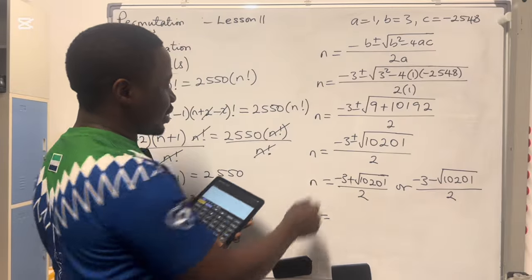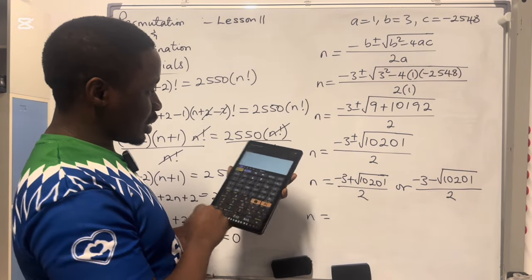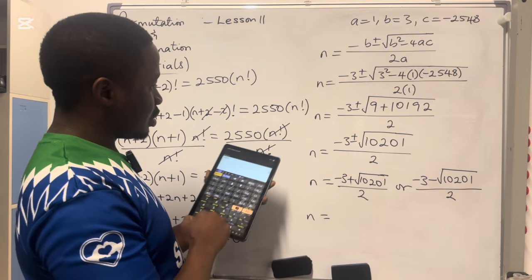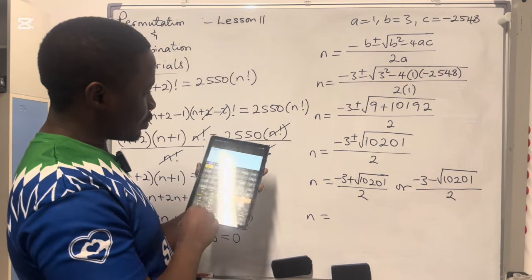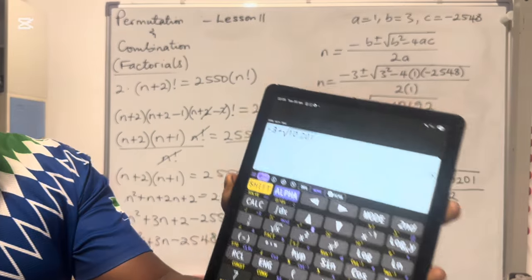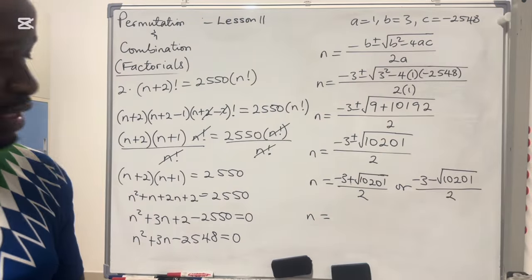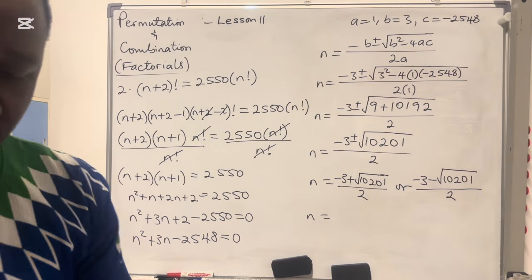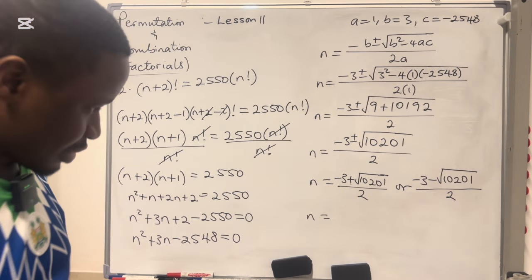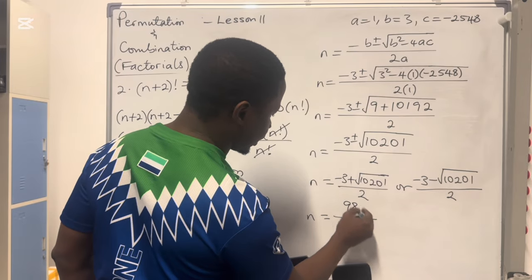Okay, you can enter everything, minus 3 plus the root of 10201. So what do we get? We get 98. Yeah, so at the top here is 98 over 2.